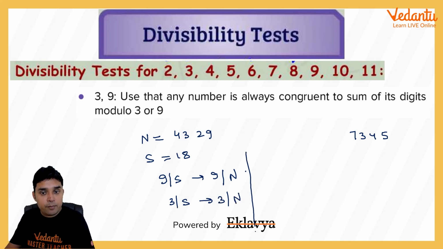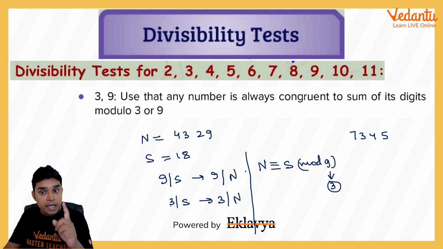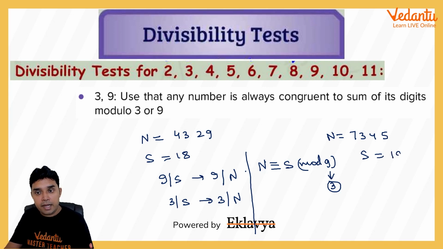In fact, one very important thing to know is that this number is always congruent to the sum of digits mod 9 or 3. You can take it with 9 also, you can take it with 3 also. Listen carefully, if a number is not divisible by 9, let us say this is the number, then the sum of digits is 7 plus 3, 10, 10 plus 9, 19.